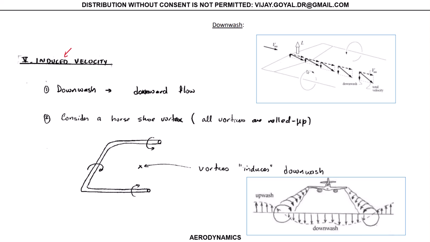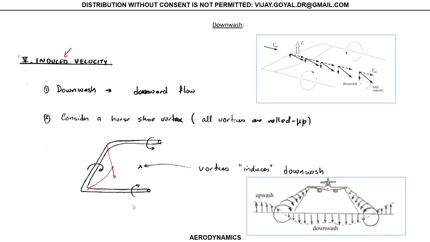If you wanted to know how much that value is, and we'll do a homework on that, if I want to know how much is the velocity with which this is pulling down here, I can use the Biot-Savart principle, and I can go from here to there, and I can calculate that value.